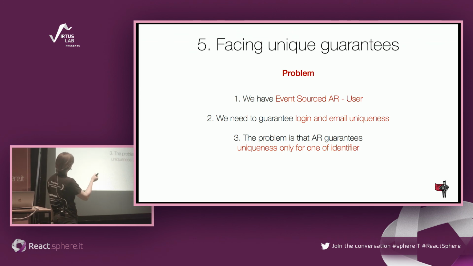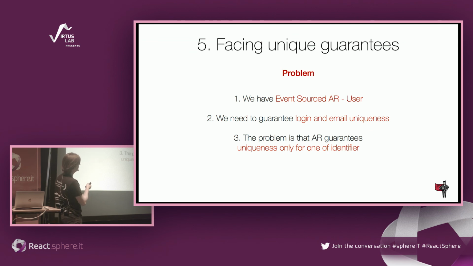So we have an event sourced aggregate user, because we decided that we would like to have our user implemented in an event sourced way. We need to guarantee that the login and the email of our user must be unique in the whole system. So the problem is that an aggregate root guarantees uniqueness only for one identifier. So how does it work?